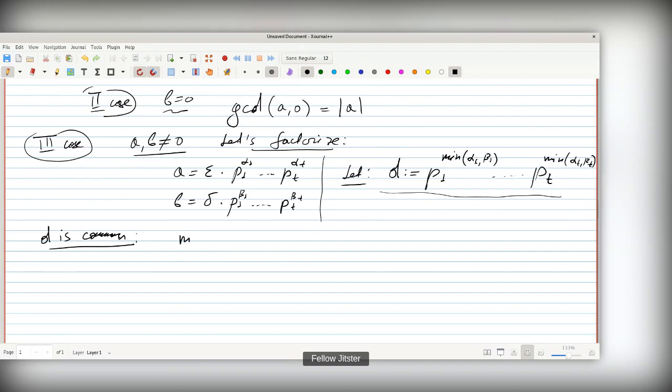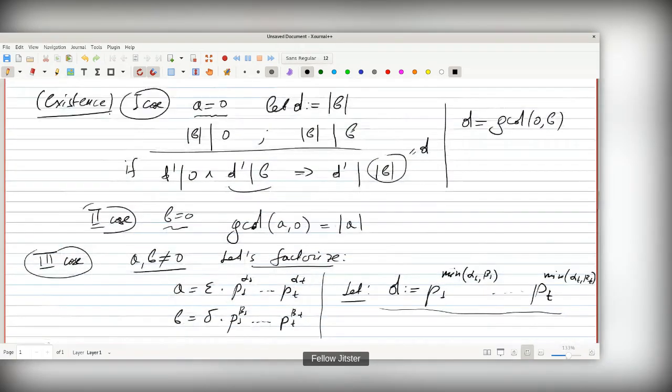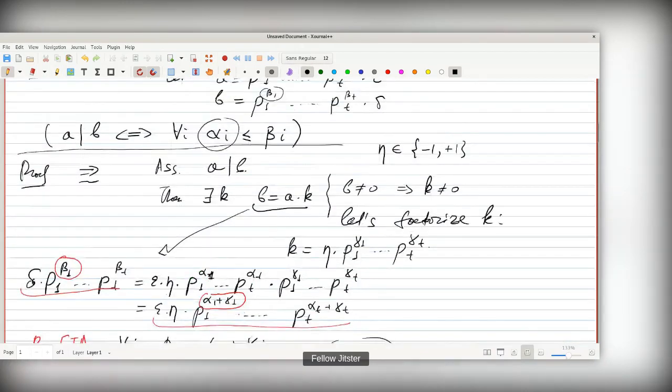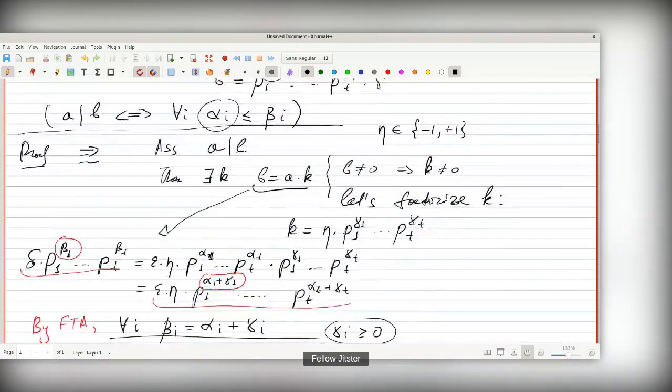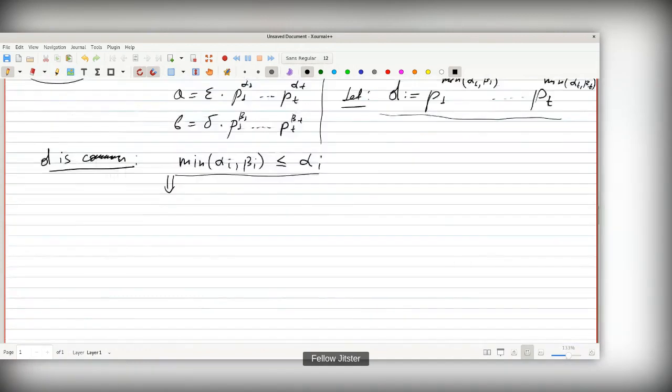The minimum of alpha I and beta I is, of course, less or equal than alpha I. Hence, by the divisibility criterion we proved earlier, it is enough to say that our D divides A, because every prime has lesser or equal degree there than it has in A. So D divides A by our theorem 2, by the divisibility criterion.